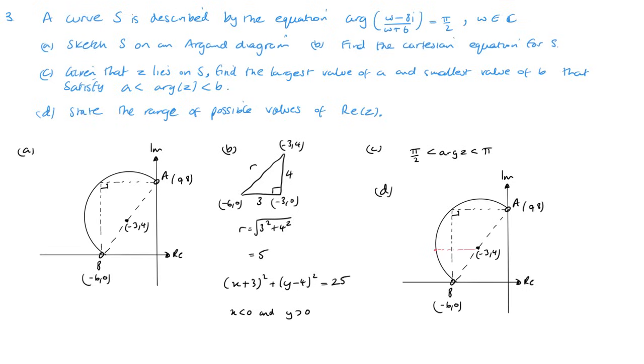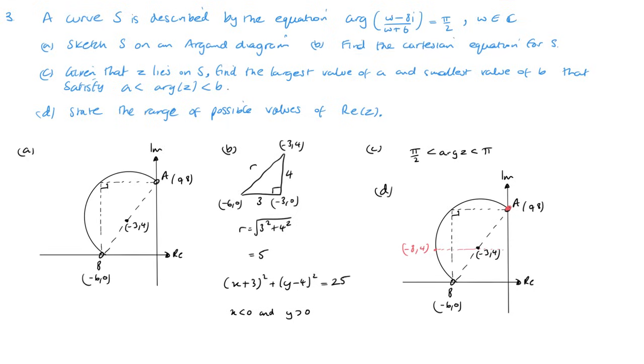This is a radius of 5, so this will be at minus 8, 4, or minus 8 plus 4i.